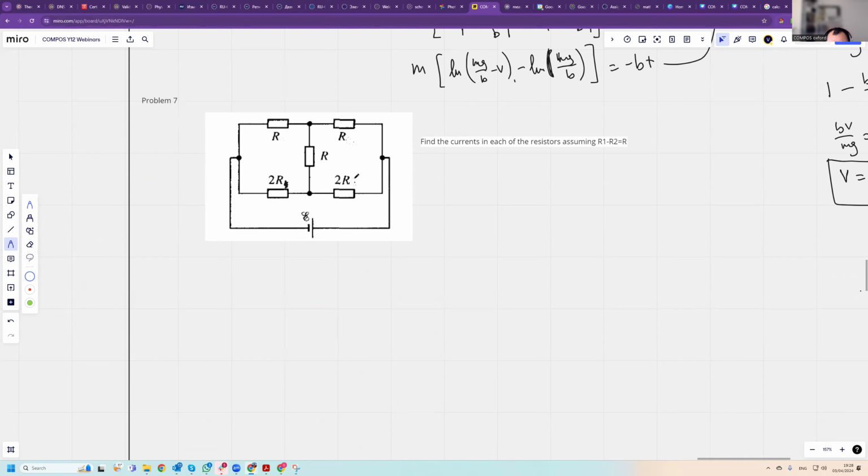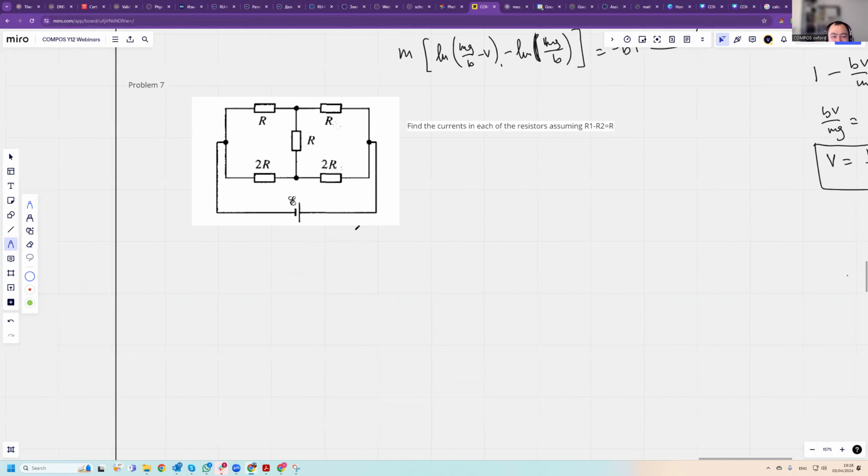Find the current in each branch. So we're using Kirchhoff's laws. Let's start labeling the currents. The current through the battery, let's call it I0. And here it splits. I'm going to call this I1. This is I0.